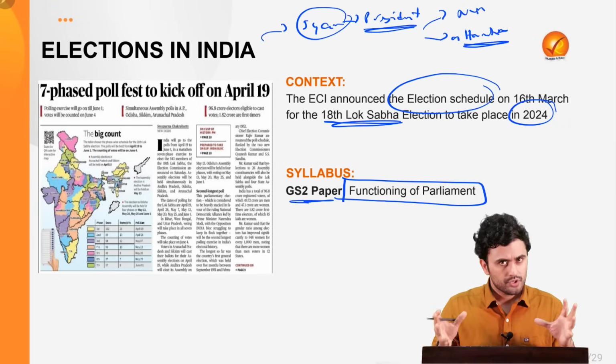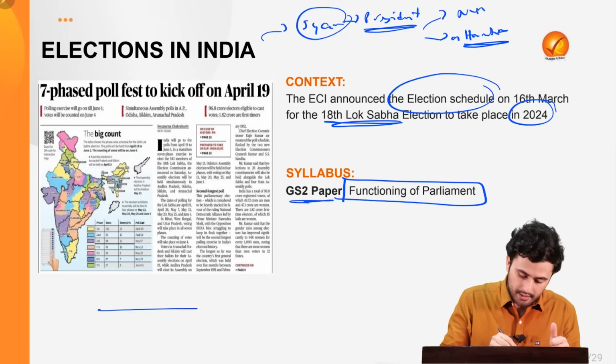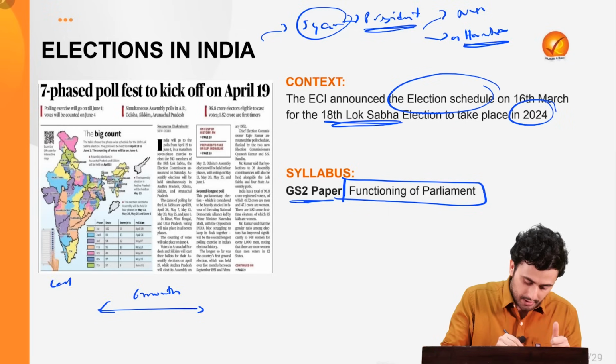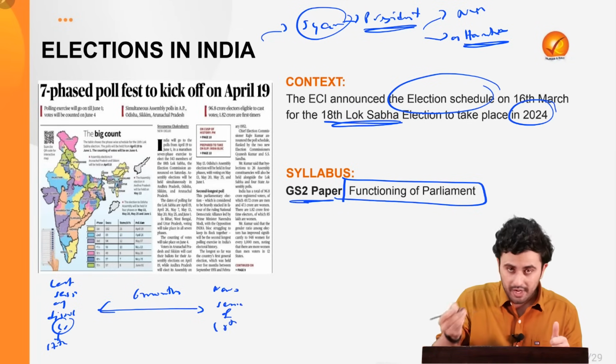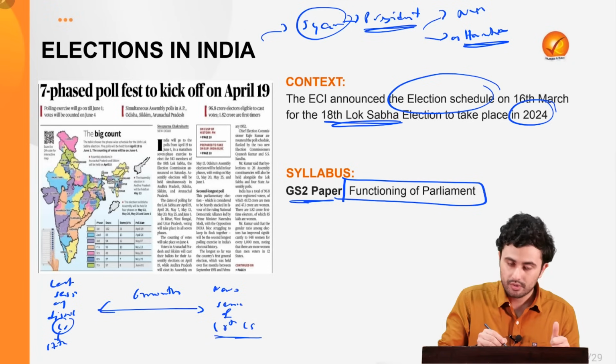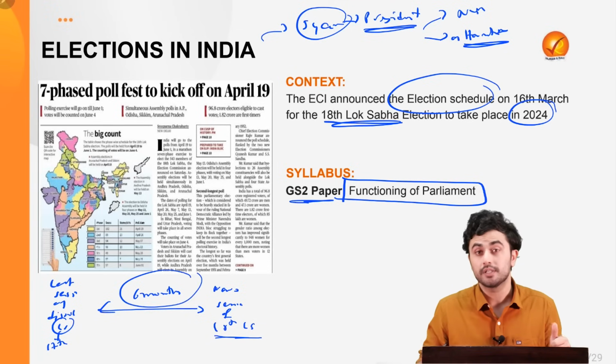Also, the constitution states that the maximum gap which can exist between the last session of a dissolving Lok Sabha, let's say 17th, and a new session of the upcoming Lok Sabha, which will be the 18th Lok Sabha, can be of 6 months.